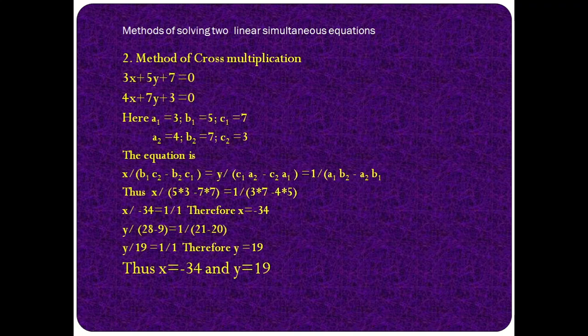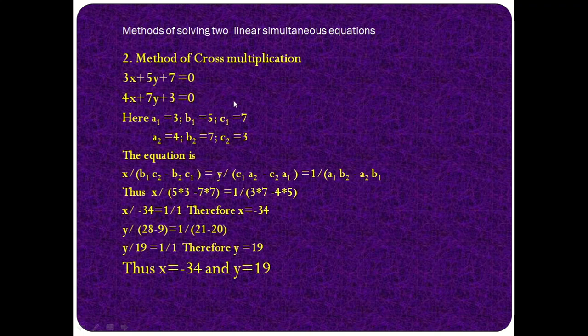Now we move to the next method, that is method of cross multiplication. So in method of cross multiplication, first of all you are converting this equation in this way: ax plus by plus c is equal to 0, or a1x plus b1y plus c1 is equal to 0, a2x plus b2y plus c2 is equal to 0.